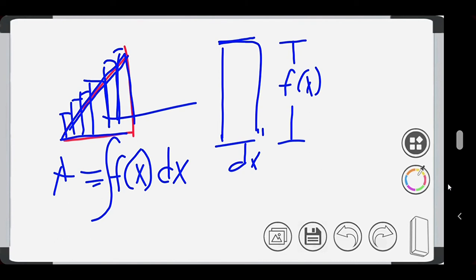And we then integrate our f of x dx and set our lower and upper limits for our base dx. Since our rectangles have bases from x is equal to 0 to x is equal to 2, our lower and upper limits are 0 and 2 respectively.